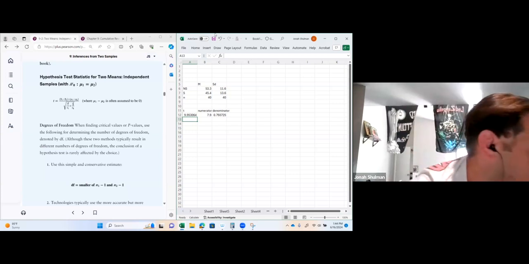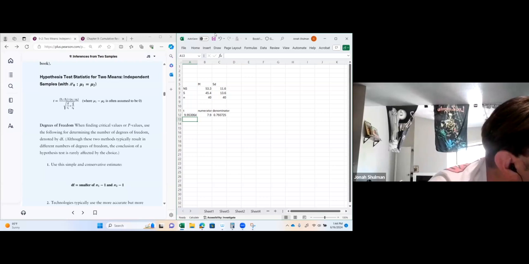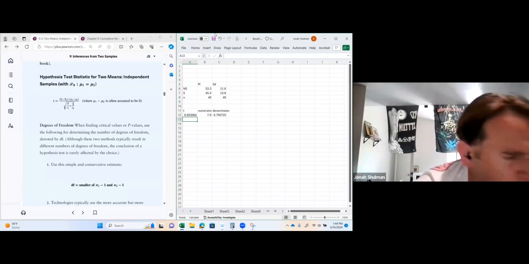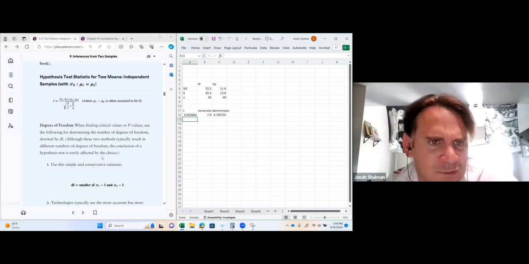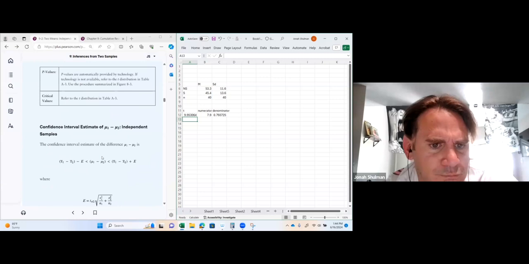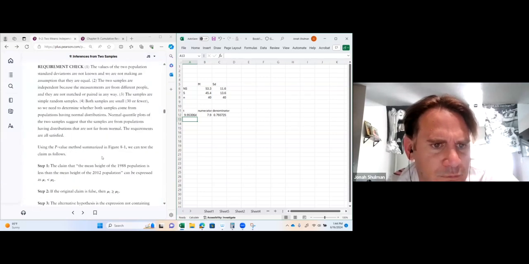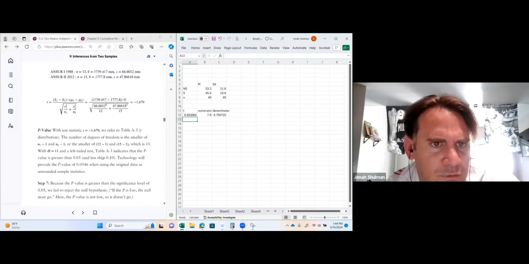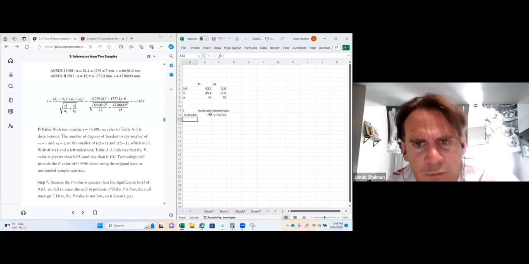Let's see what the book got. They got a t-statistic of 2.843. That's a problem. Oh, because these are the standard deviations, so I have to square both of them.